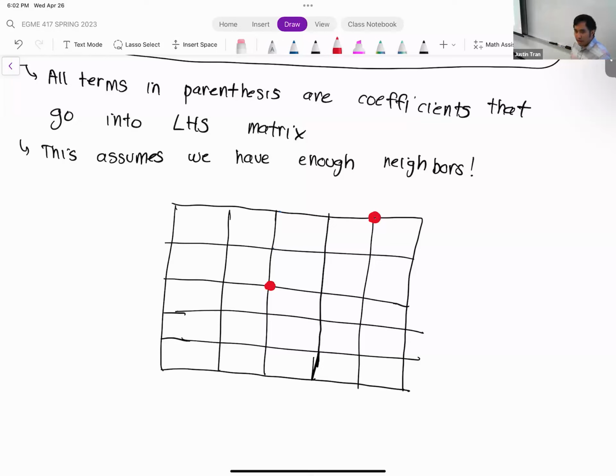All right, so I've drawn a node in the top right of the domain. This node is sitting right on the boundary, right? For these kinds of nodes, we obviously don't have enough neighbors, actually not to the north or the east. But if our node is sitting right on the boundary, then we know we can just apply our boundary conditions.